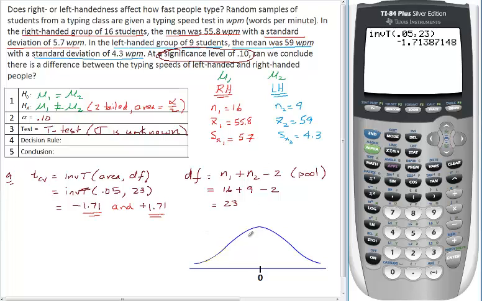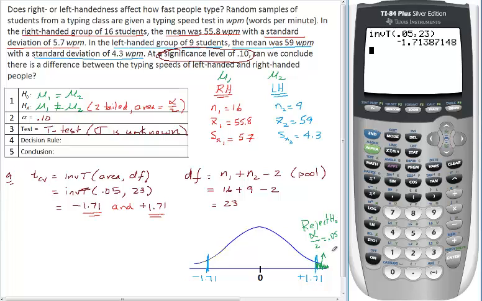Okay? So somewhere down here at negative 1.71, and somewhere up here symmetric to the other side, at positive 1.71. And what it's saying is that this area in here, this little area, alpha over 2, is 0.05, and that's rejecting the null hypothesis.